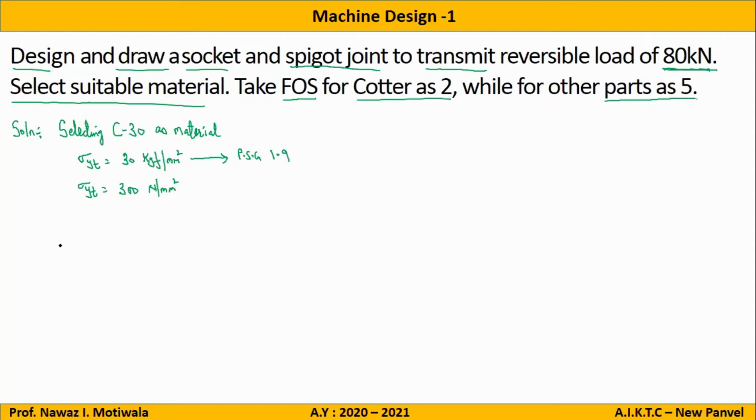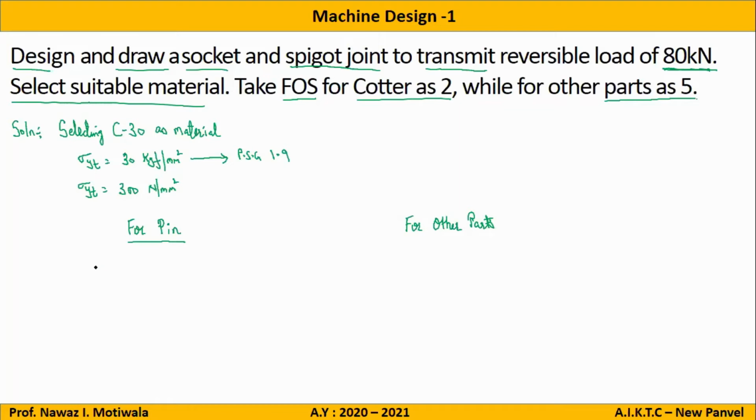So I will make a tabular form. I will make two columns. Here will be for pin, and here I will write for other parts, because all the other parts have the same factor of safety. This will be very easy for you to look before and after when we need the values.